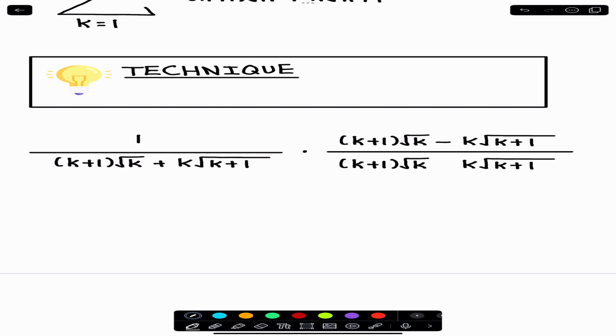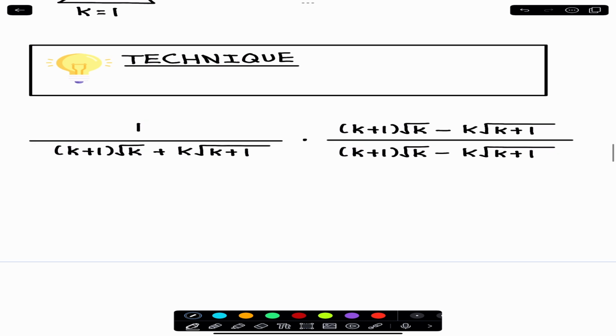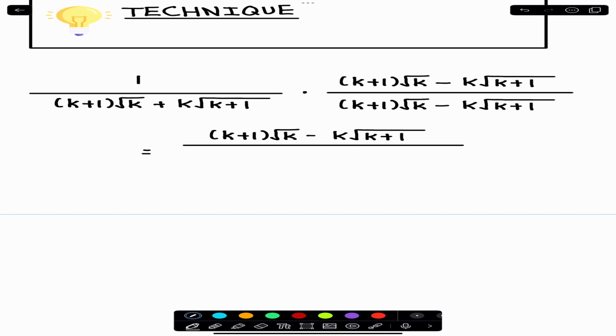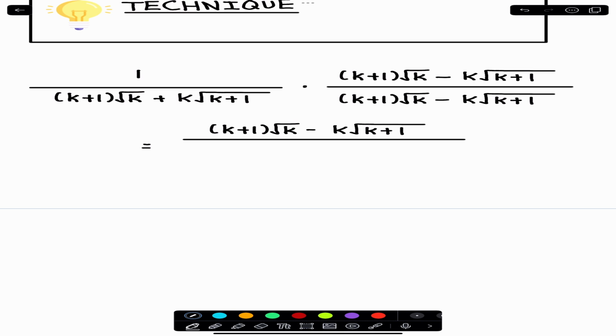That's all we can do. So let's rationalize this. That ends up being this term up top. Take away. Okay, now we have to work with the bottom.